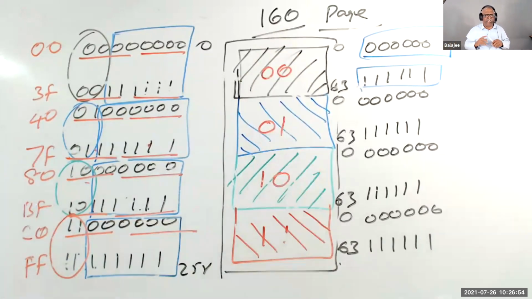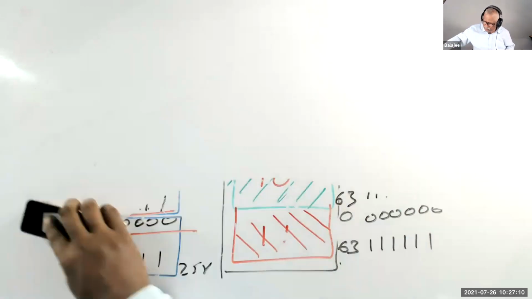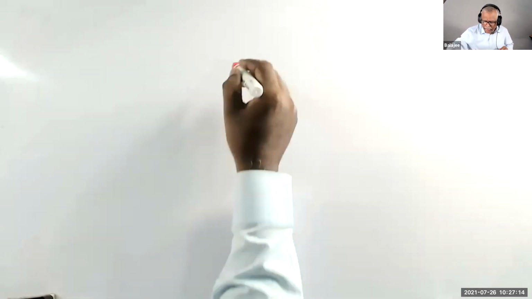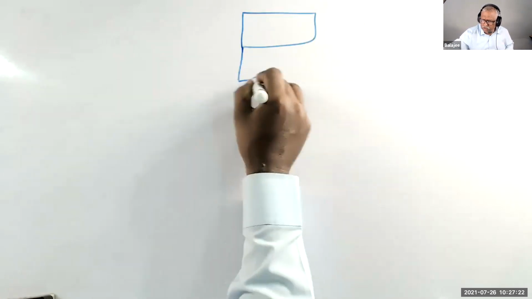Let us understand how this equal division works, then we will understand the other ones. Let us not worry about that. First we will do this. Now let us assume I have 8 notebooks of 32 pages. Same thing, but 8 notebooks.